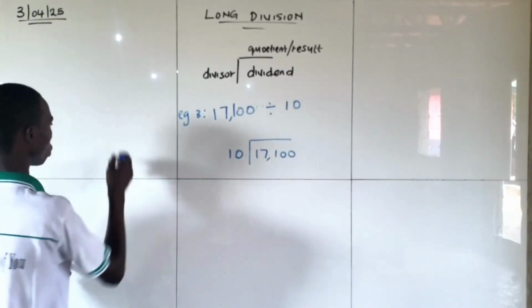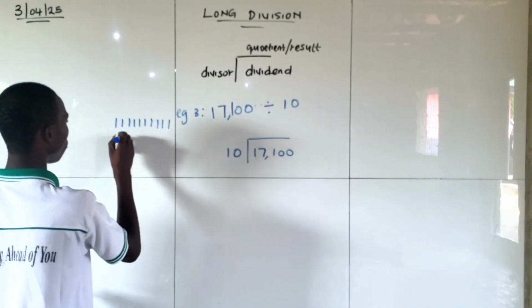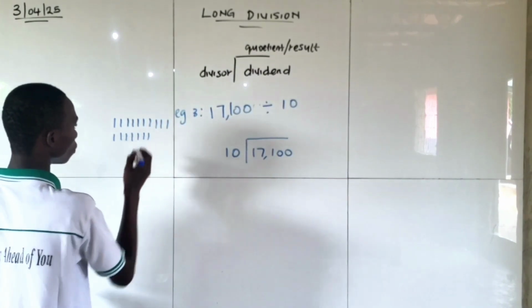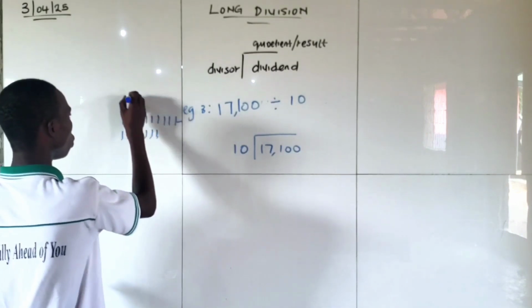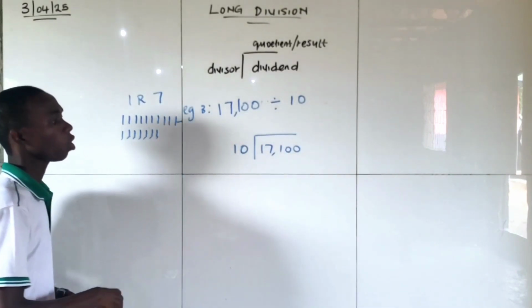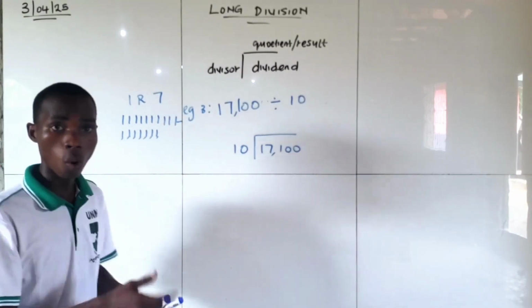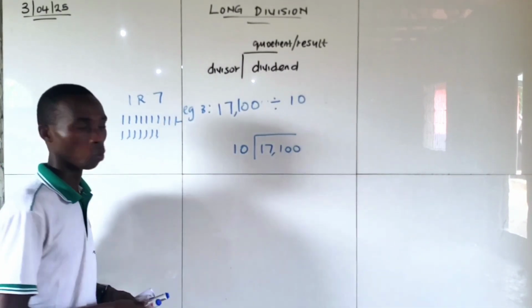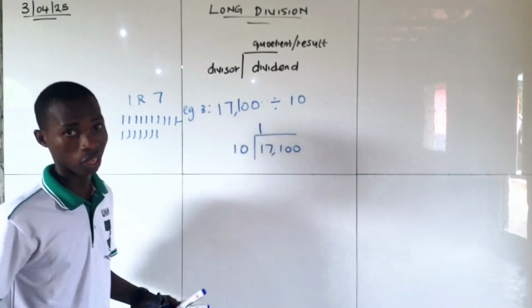So now let's count. 1, 2, 3, 4, 5, 6, 7, 8, 9, 10, 11, 12, 13, 14, 15, 16, 17. We are having 1 remainder 1, 2, 3, 4, 5, 6, 7. So 1 remainder 7. Now, if we are having 1 remainder 7, we'll put our 1 and then we'll keep the 7 aside.